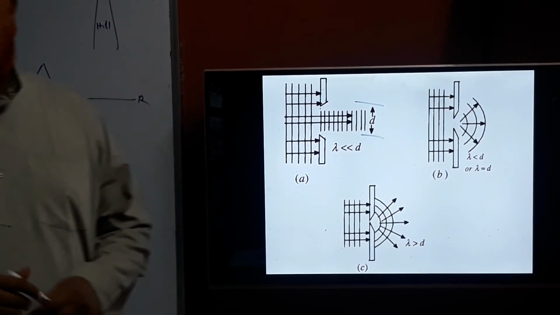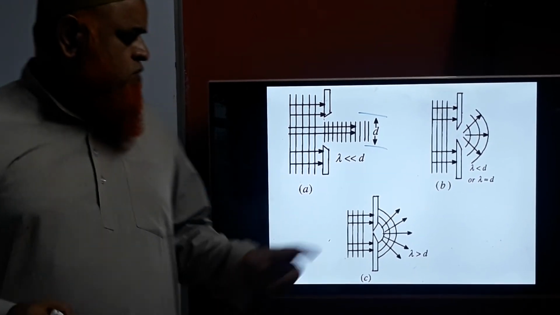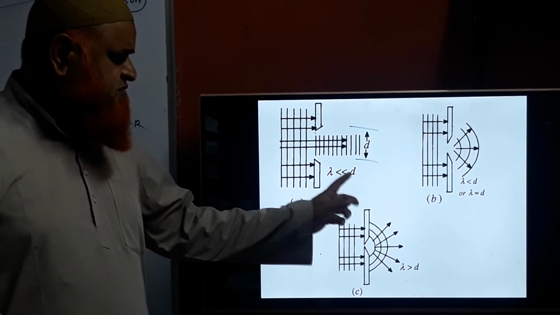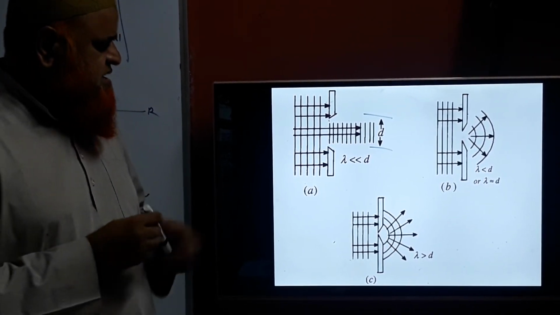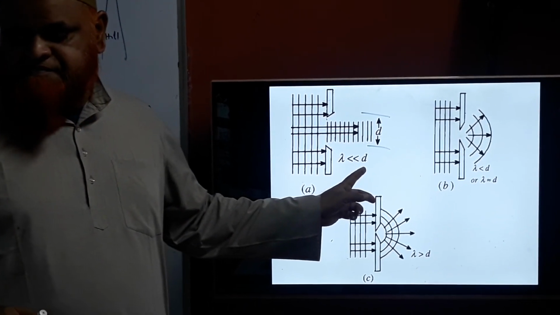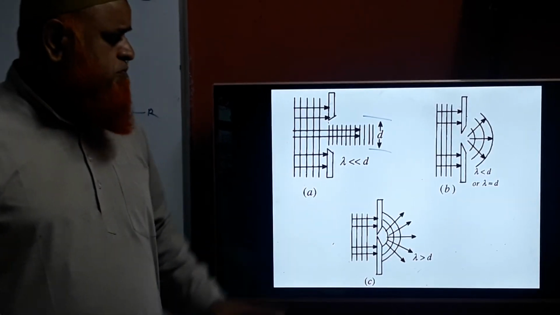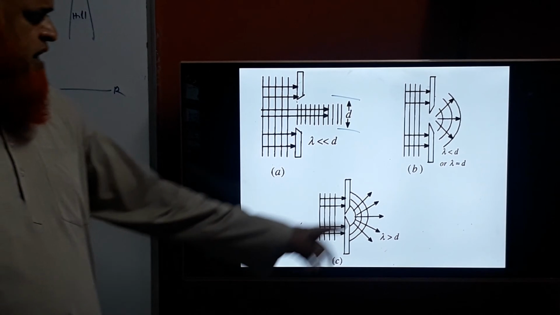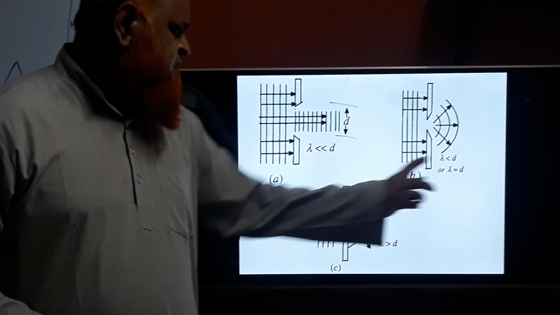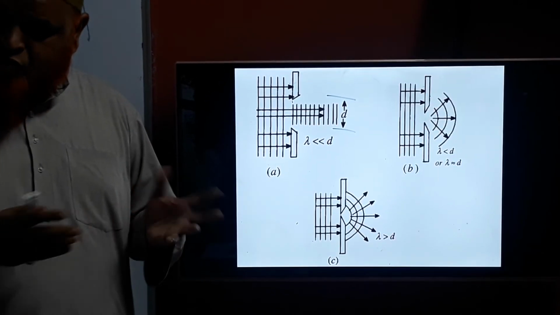Diffraction does not take place. That is the condition you have to remember. If the wavelength of the light which is coming through the slit is less than the slit size, then there is no bending. If it is much less, no bending.